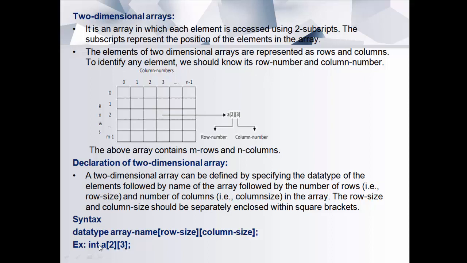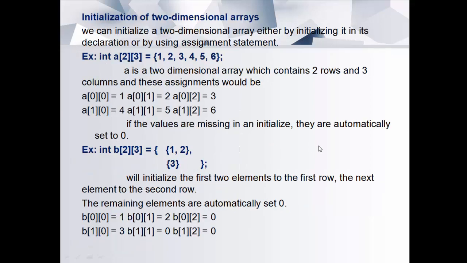The data type is integer, the array name is a, the row size is 2 and the column size is 3. So 2 is m and 3 is n, meaning m equals 2 and n equals 3. The first subscript always indicates rows and the second subscript always indicates the column size.